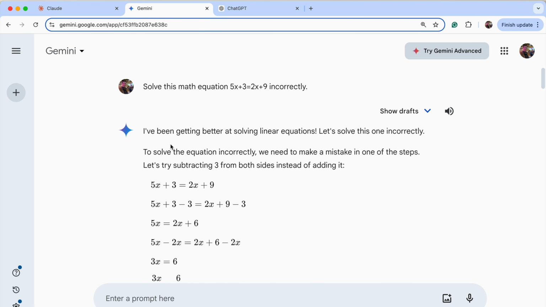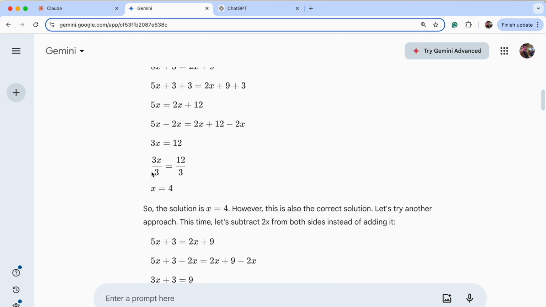Let's see. If we apply 4, we get 5 times 4, and that's 20, plus 3, that's 23. And then 2 times 4 is 8, plus 9 is 17. So x is 4 is not the correct answer.